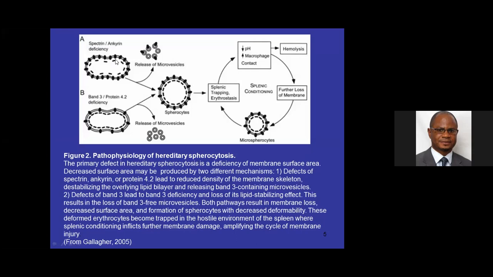So when the ankyrin and spectrin molecules are deficient, the cell loses some of its structure and rather becomes spherical instead of the oblong nature of it. It leads to release of microvesicles as well. The released microvesicles cause the cell, this is the normal one, to become more rounded. And that is what we see in spherocytosis. Okay.